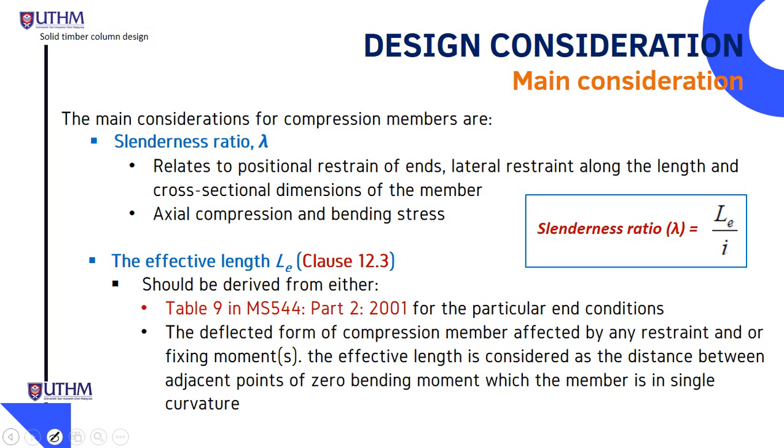So compression members are commonly used as column in building structure, cords or web in truss, bridge piers or braces in frame structure. The maximum strength of compression members depends to a large extent on the member length and support condition.